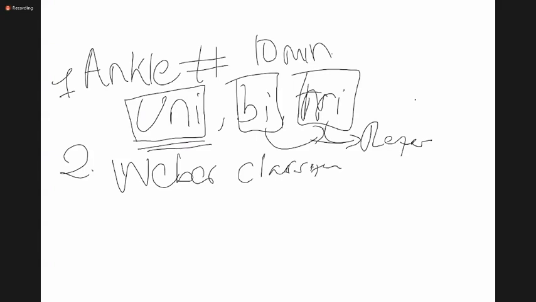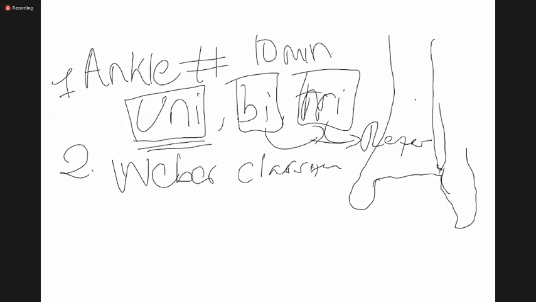If you look at an ankle fracture like this, that's the medial malleolus, that's the tibia, that is the fibula, and the syndesmosis is there. What Weber said is that you can look at ankle fractures as happening below the syndesmosis, at the syndesmosis, or above the syndesmosis.